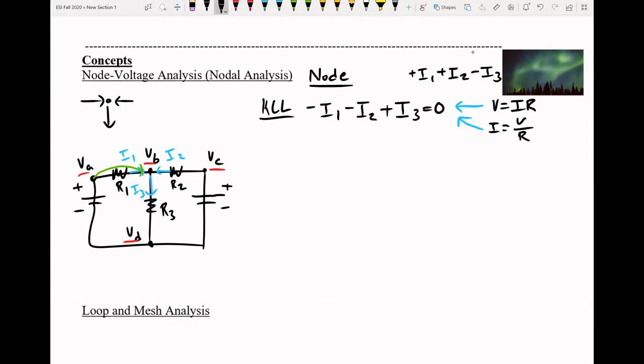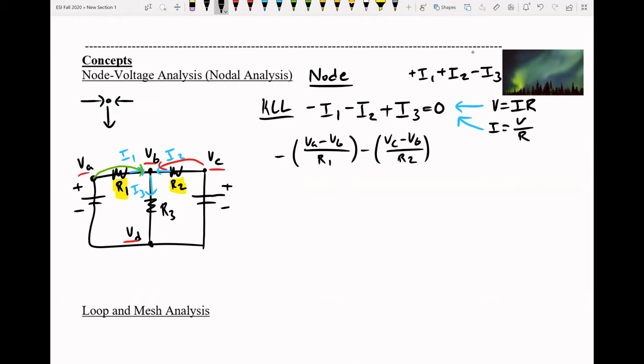Okay, so what we'll do is we have negative I1 is going to be V of A minus V of B over R1, because we're crossing R1 with that current. All right, we'll jump over to I2. I2 is going to be negative V of C minus V of B over R2, because we're crossing over R2 with current 2.